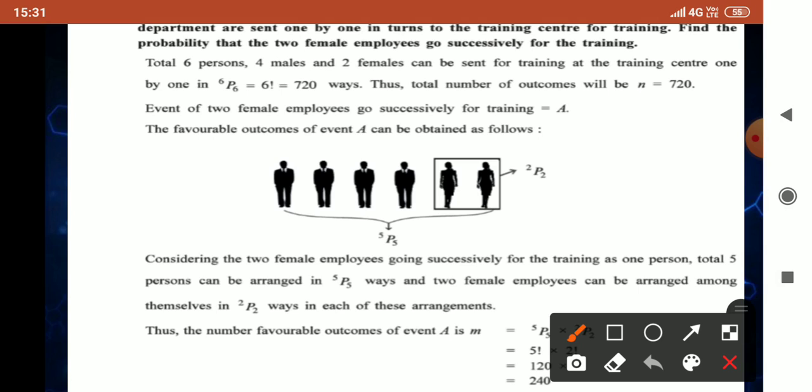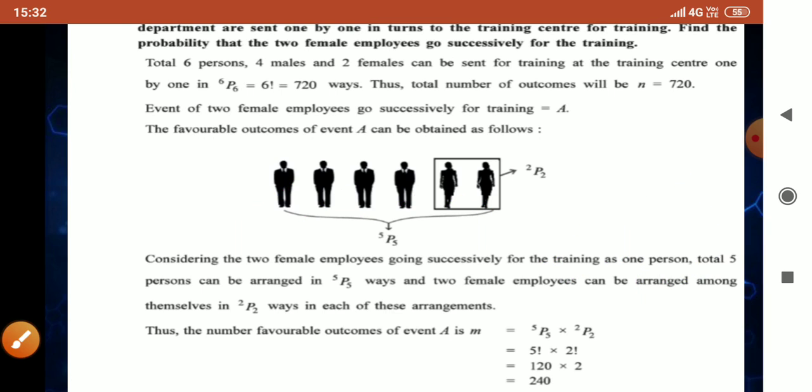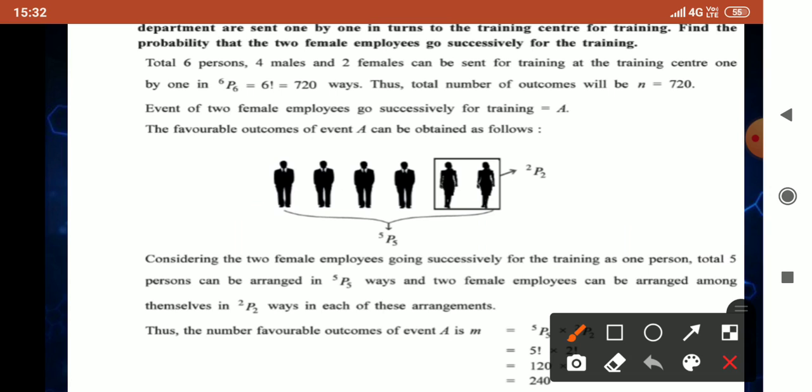We have done this type of sum in 11th standard. First of all we will find n. What is n? In total, how many persons are there? 1, 2, 3, 4, 5 and 6. So my n will be 6P6, which is equal to 720.